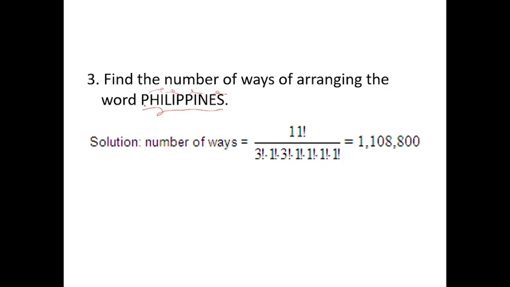Yung P, meron tayong tatlong P. Ayun, ito yung sa P. Ito yung para sa H. Ito yung para sa I. Ito yung para sa L. Para sa N. Then para sa E. Then para dun sa S. And we will get this number.